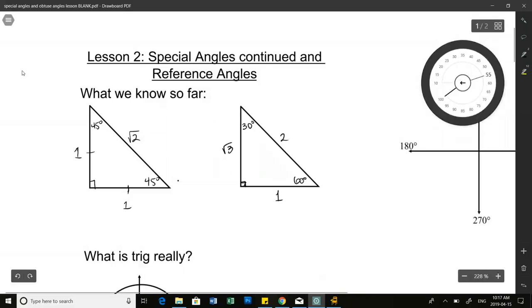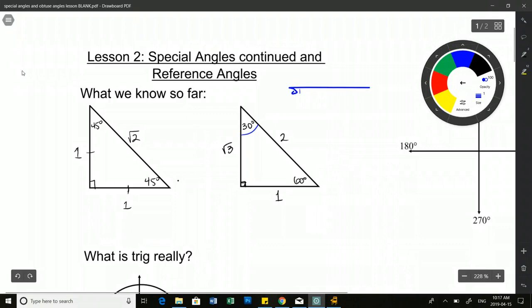And then we talked about how, if I have maybe 30 as a reference angle and I want to find the cosine of 30, I will do adjacent to that reference angle over hypotenuse.